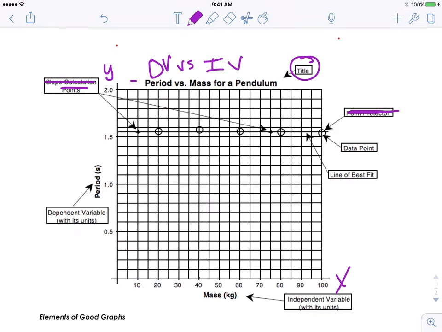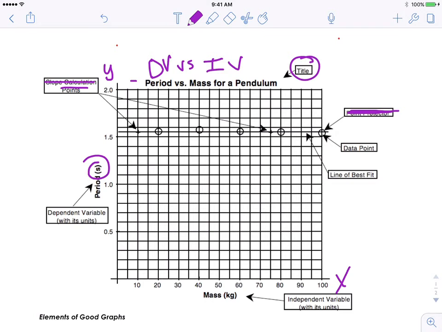Now, when you're labeling your graphs, you're going to put the variable, whether it's dependent or independent, but you're also going to include the units. The units are written within parentheses, and you can see that here. Period is actually a measurement of time, and the units we use to show that is seconds. That's what this S represents right here in the parentheses. The units for period are seconds.